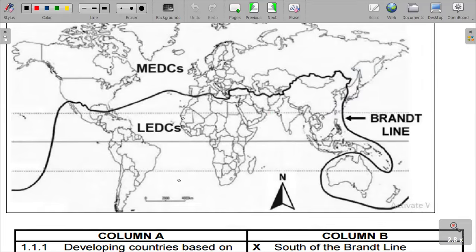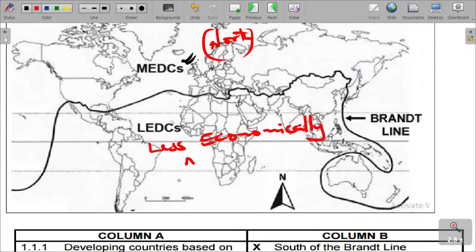If we look on this line here, we say this refers to most economically developed countries, which are found on the north. And then we have the less economically developed countries, which are also found on the south.